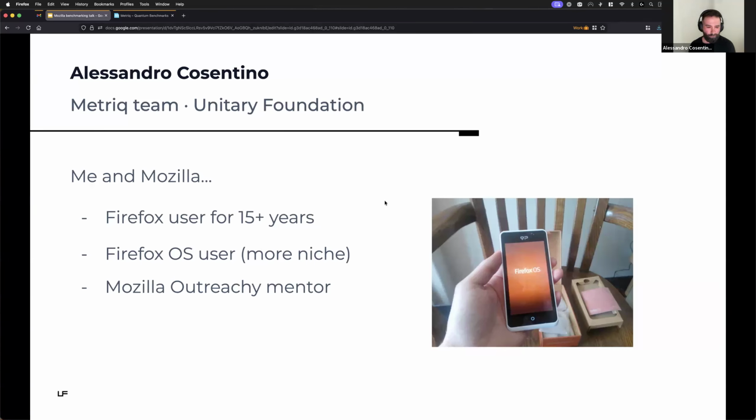It was an attempt by Mozilla to make a web OS for the phone, which was quite cool. And as part of that interest in Firefox OS, I was also mentoring a Mozilla outreach project, again in 2015. So my path has already crossed the Mozilla Foundation.